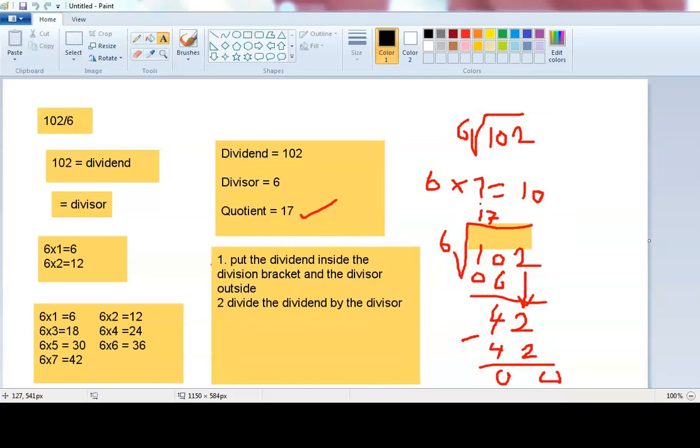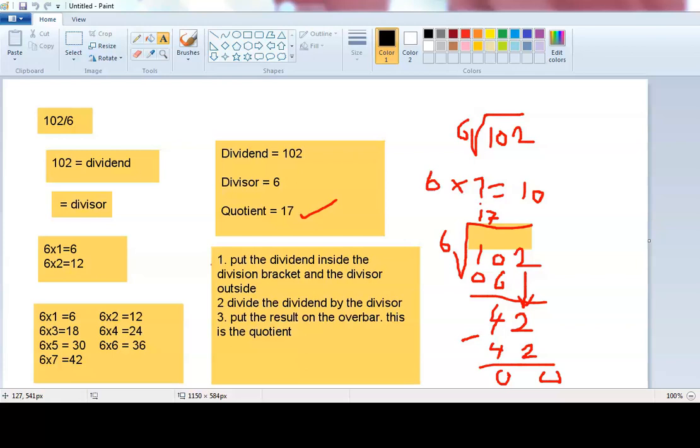Thirdly, put the result on the overbar. This is the quotient. So, like we divided 6 into 10, it goes 1 time.